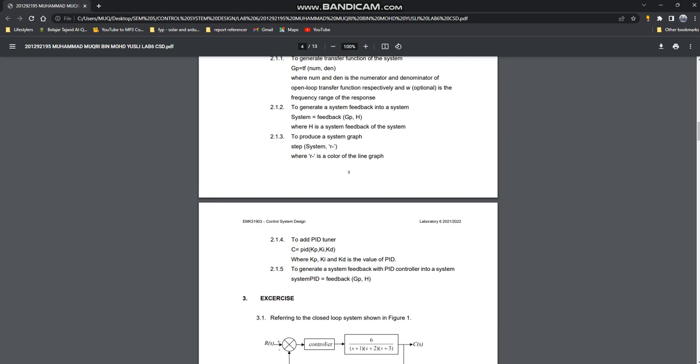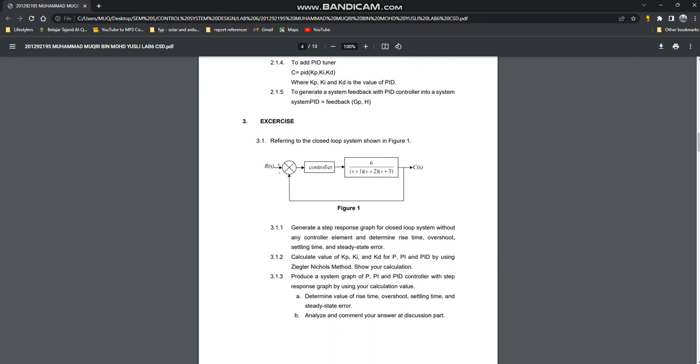And the last command is, if we want to generate the feedback system with the PID controller, we should use this command: system PID is equal to feedback(GP, H), where GP is our transfer function.